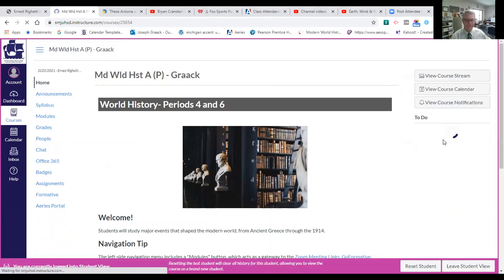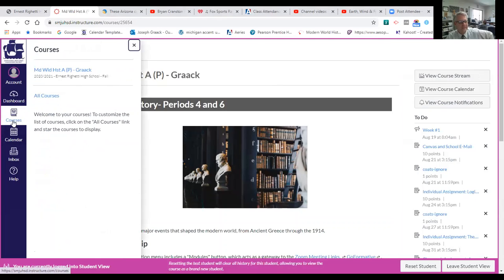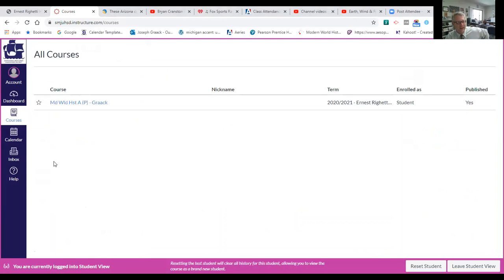Okay, so a couple of things, because I've gotten this question more than once. One of the things that you want to check in Canvas, and of course, when you go to your courses, you're going to have a list of all of your courses, something similar to probably a list of 4 other courses besides mine.